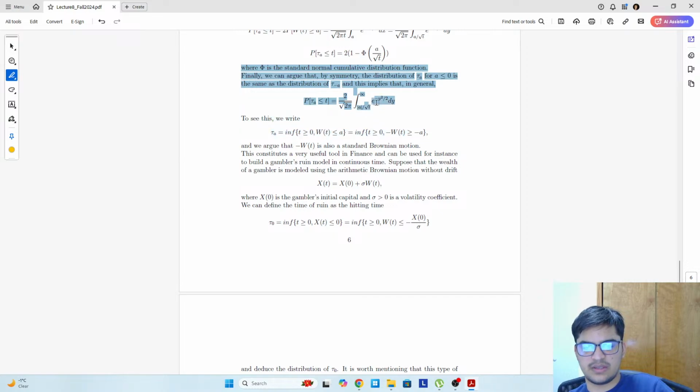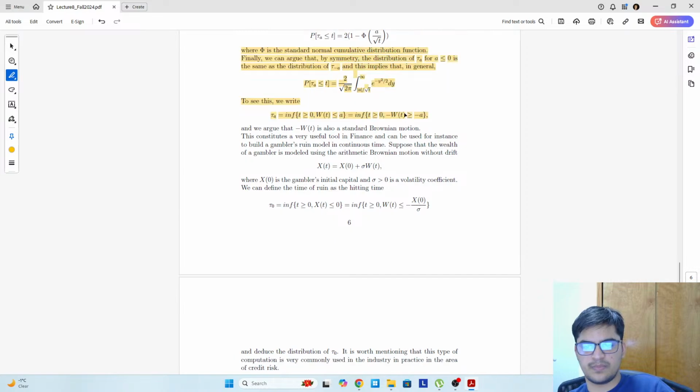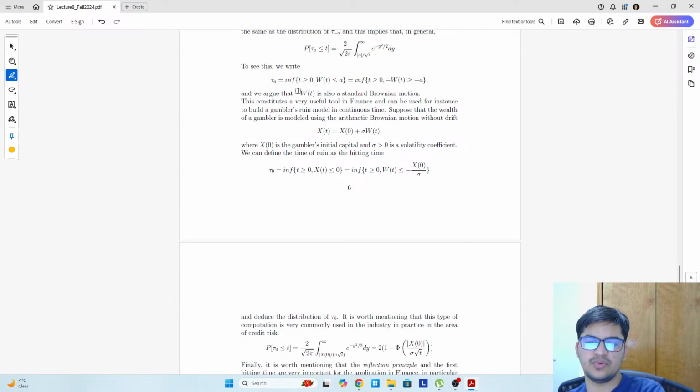From this, I think the only thing that we need to understand is how we reach this equation.